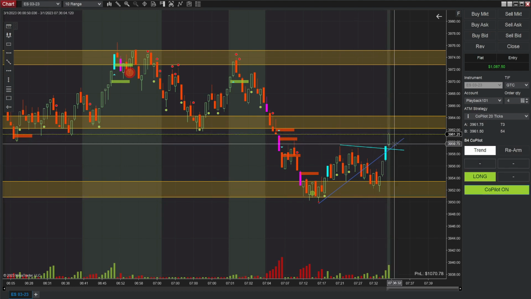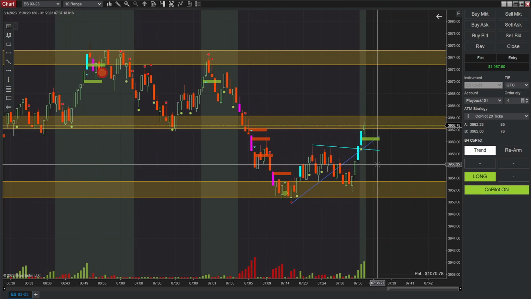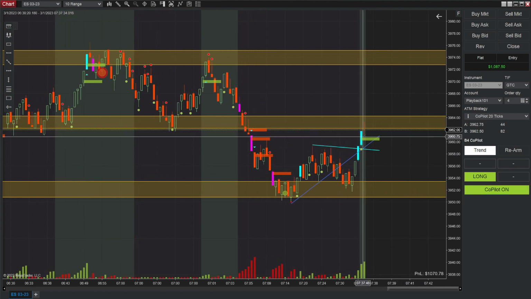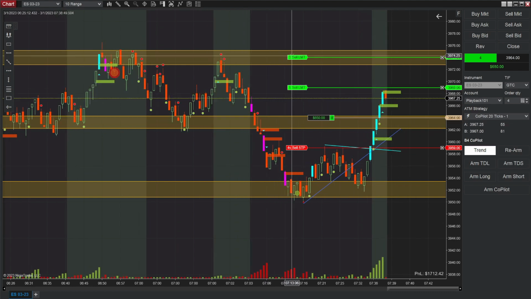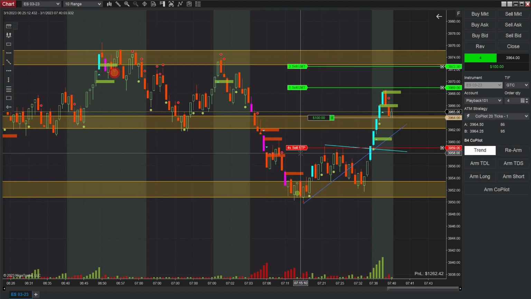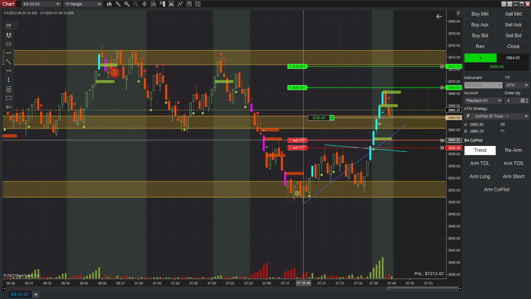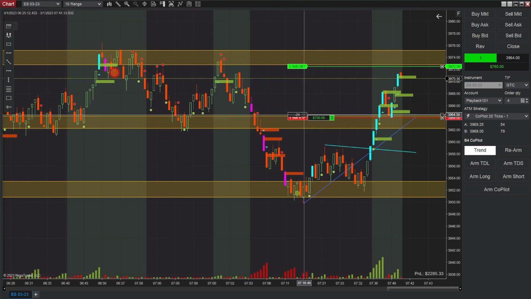We're arming CoPilot long. Got 2 nice momentum, 3 nice momentum. There we go. Really nice there. We'll pull that down. Guard right there behind our triple stack imbalances.